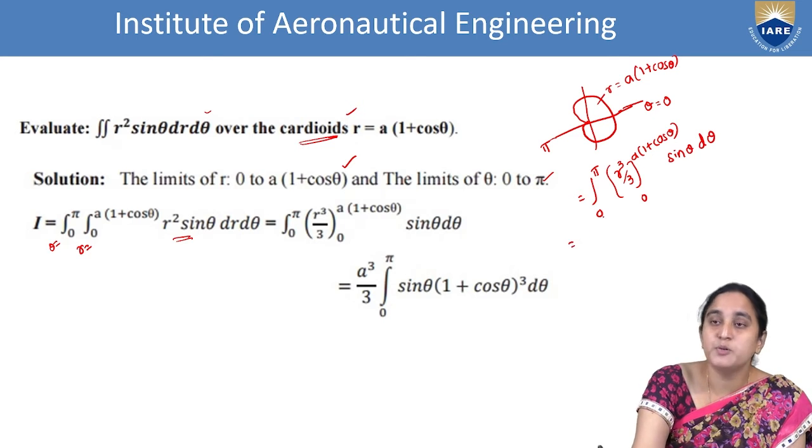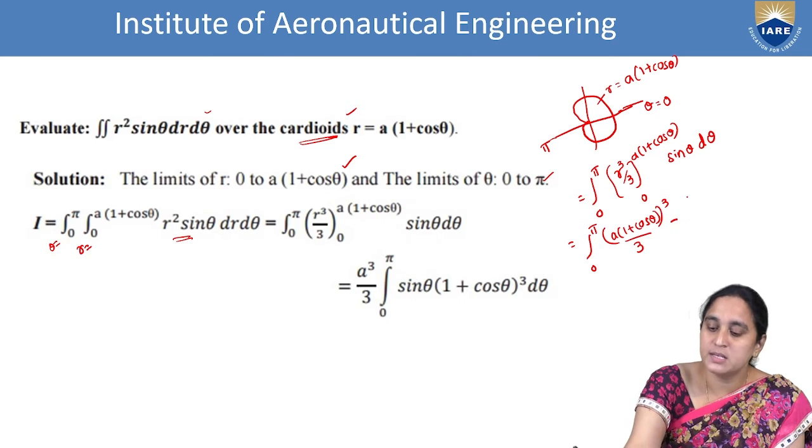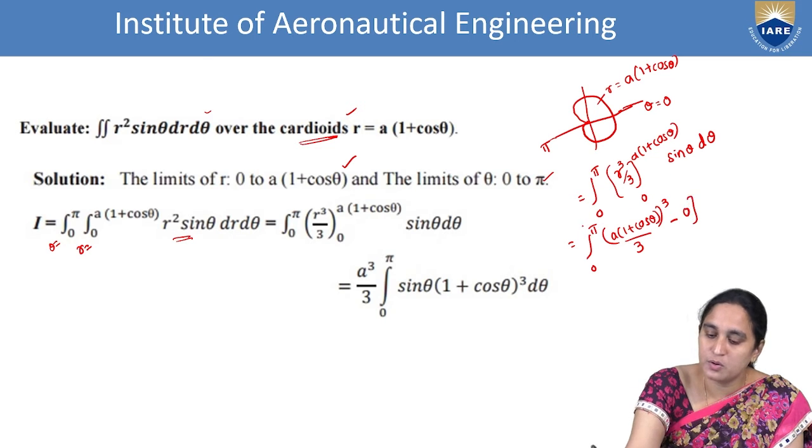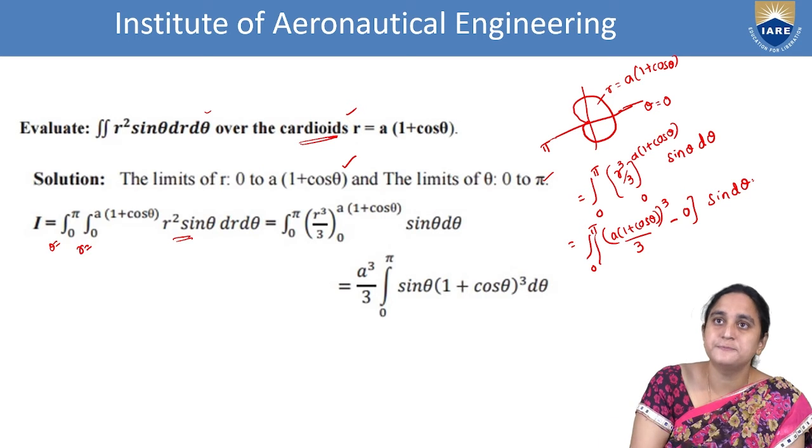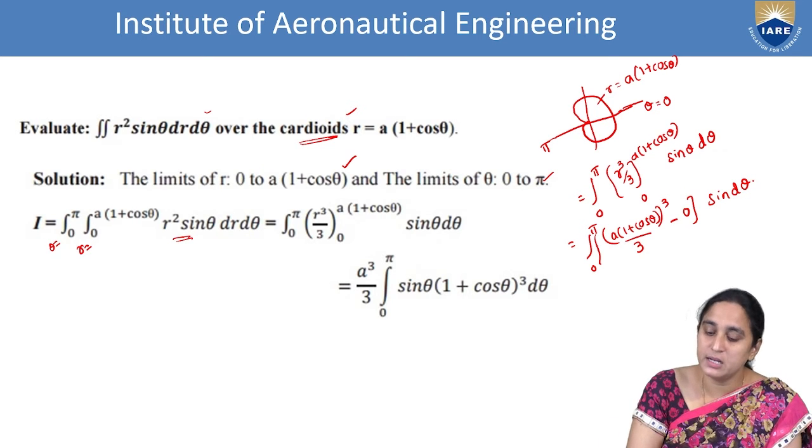Now substitute the limit points of r: a into 1 plus cos theta whole cube by 3, minus the lower limit 0, into sin theta d theta.